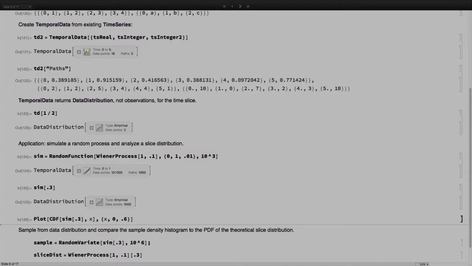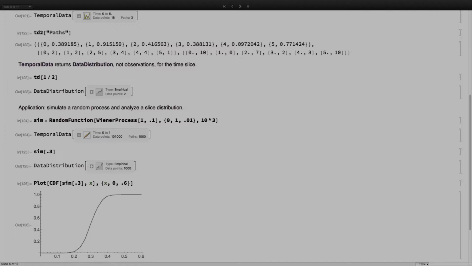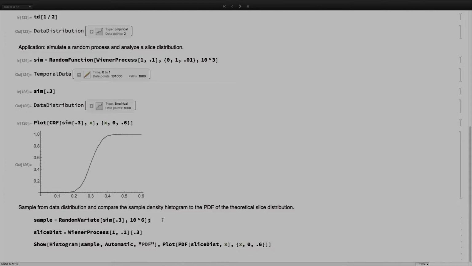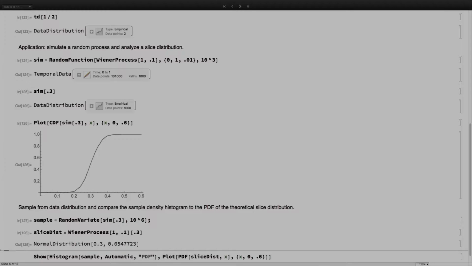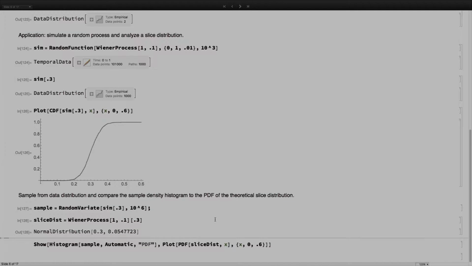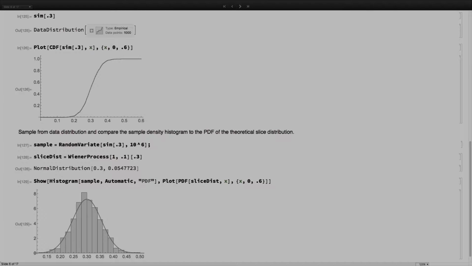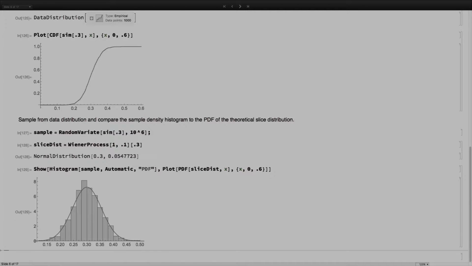And we can, for example, plot the CDF of this distribution. We can also sample from this data distribution. So this is the slice. And this is the slice distribution, that's the theoretical slice. And we can compare the histogram with the PDF of the theoretical slice distribution.